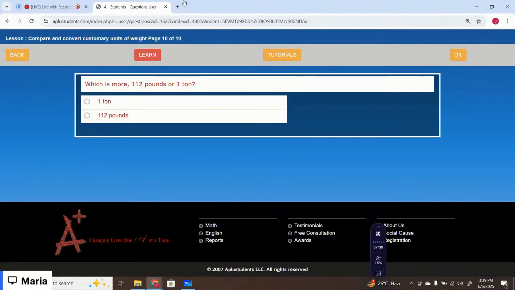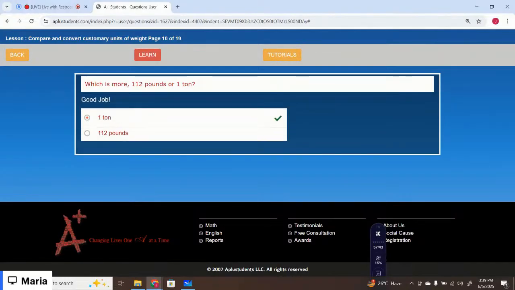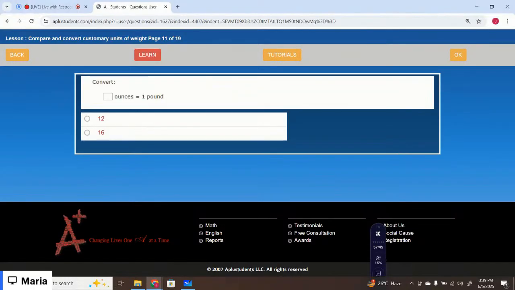One ton is more than 112 pounds. Option number one is the correct option. Okay, you can complete the lesson by yourself later.